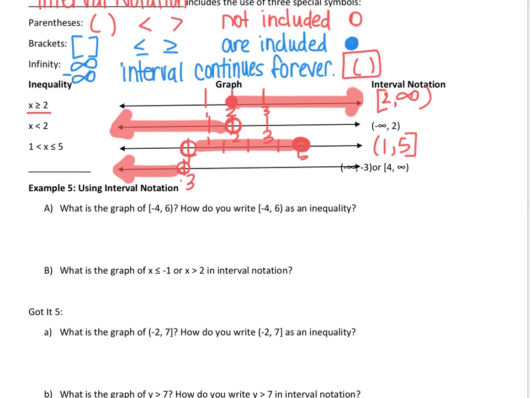Then I'm going to go all the way to 4 and put a closed circle for the bracket and shade to positive infinity. Then write my inequality down. I go from x is less than negative 3 or x is greater than or equal to 4.